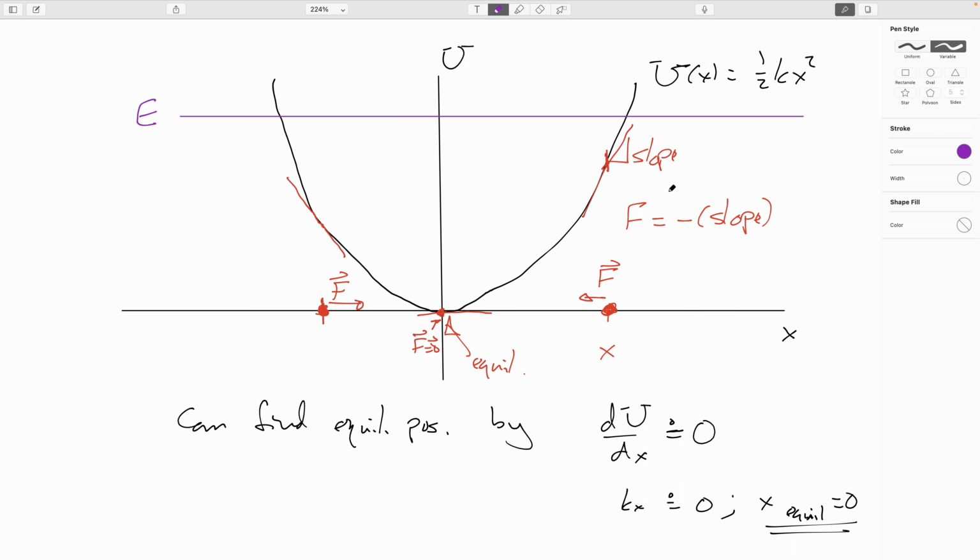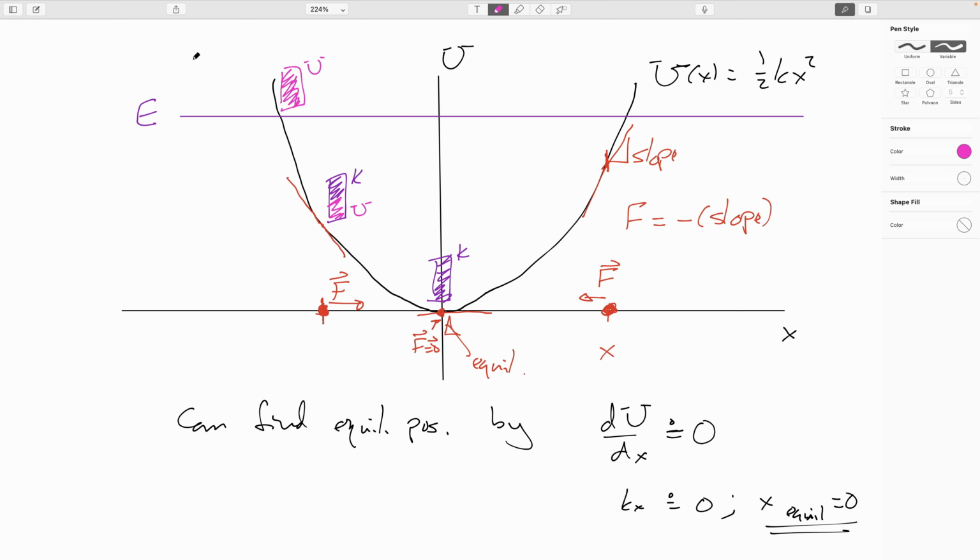Well, when we're right here, where the potential energy is 0, we would have a maximum of kinetic energy. As I get further out, I'll have less kinetic and more potential. Then by the time I'm right here, all of my energy is potential.